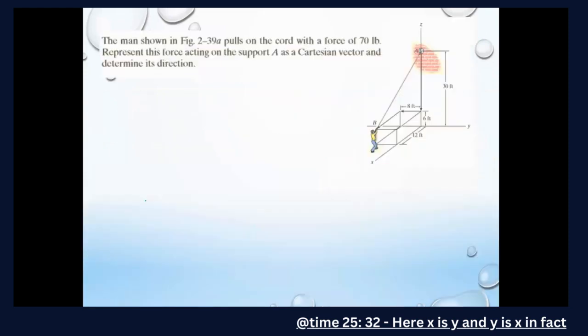Now we'll take some practical cases. Think of a scenario where a man pulls on a cord with a force of 70 pounds. These are British units, like 70 Newton in SI. Newton is equivalent to pounds if you are using the British system. The force magnitude is 70 pounds, and you need to represent this force acting on the support A as a Cartesian vector.